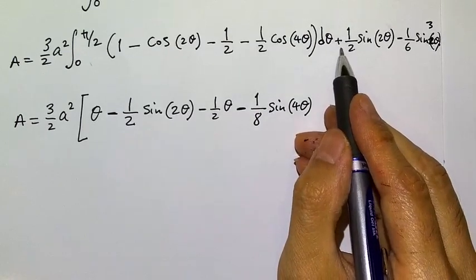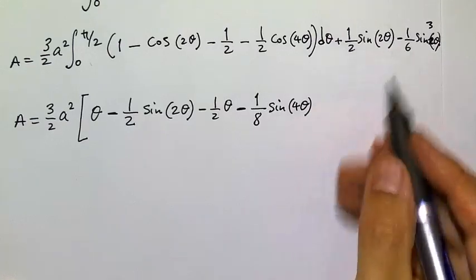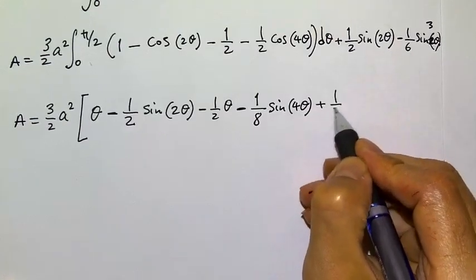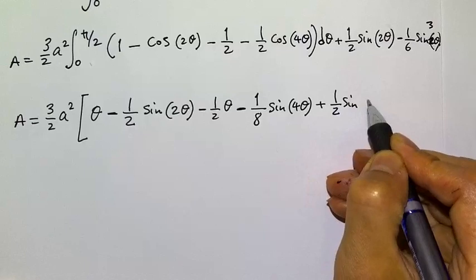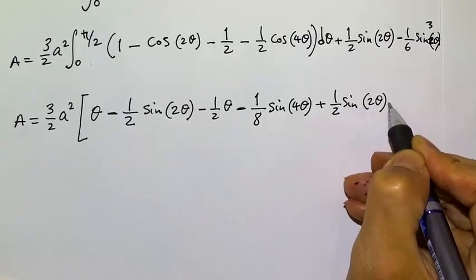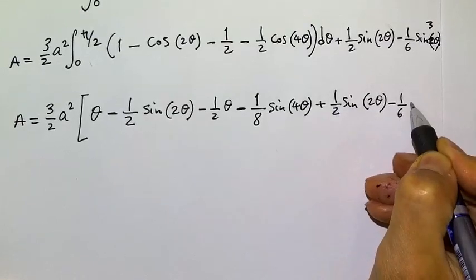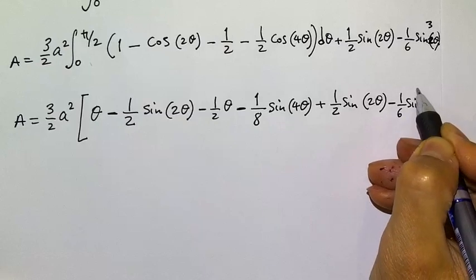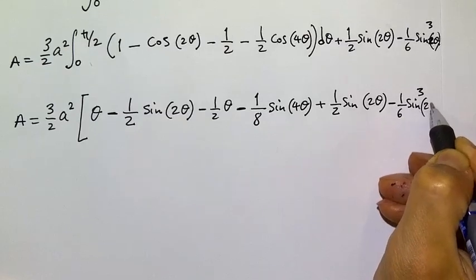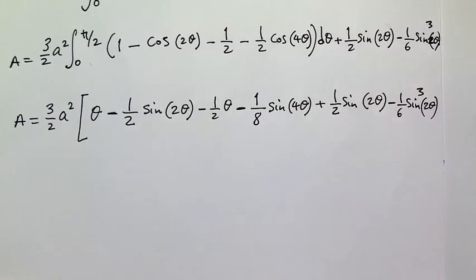And let's add whatever else we have after that. So plus 1/2 sine 2 theta minus 1 over 6 sine cubed 2 theta.